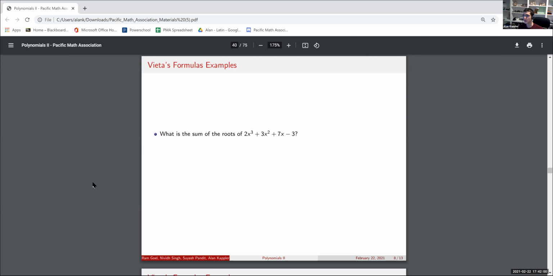what is the sum of the roots of 2x cubed plus 3x squared plus 7x minus 3? I haven't gotten too many responses yet, so maybe let's hold off for a minute.